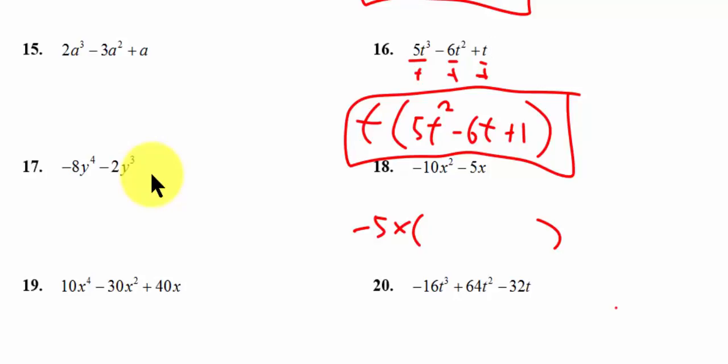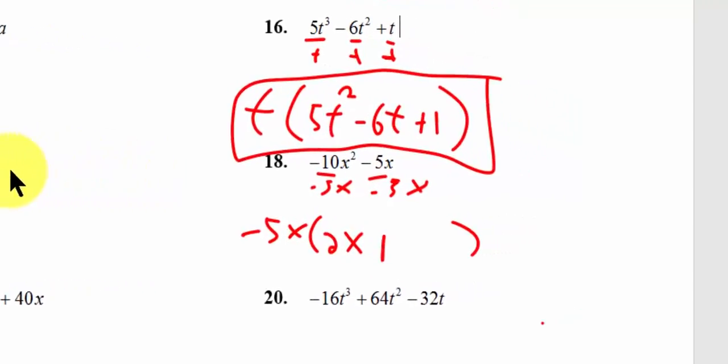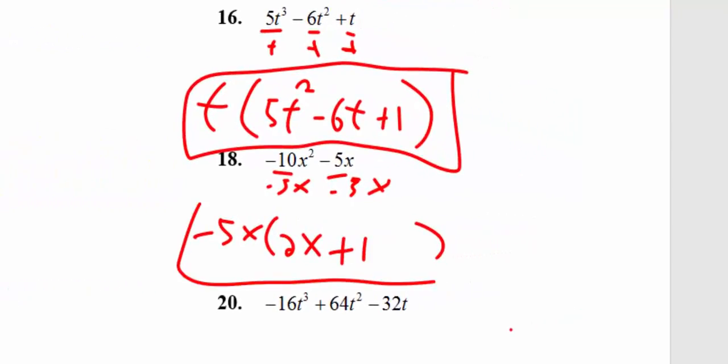You divide each of these by negative 5x, and you're left with 2x plus 1. That's my final answer.